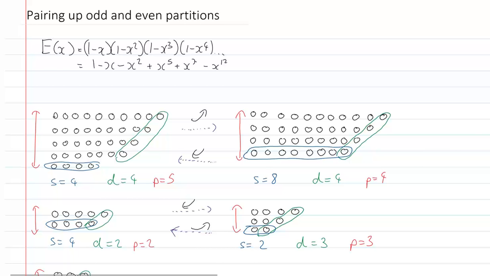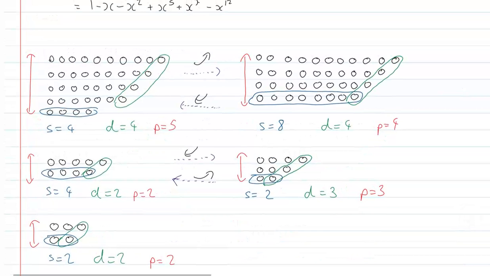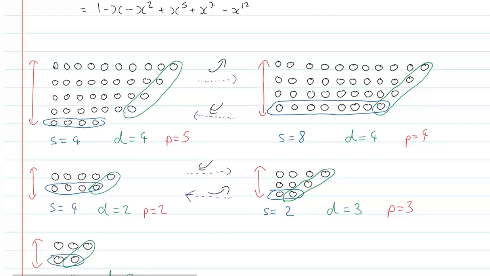Another really important thing about this procedure we discovered is that we hope that if you take a particular partition and apply the rule, which is look at S and D, if S is small, move it up, and then apply the rule again, look at the new S and the new D, if S is big compared to D, move the D down. So if you do that, you hope to always get back to where you started.